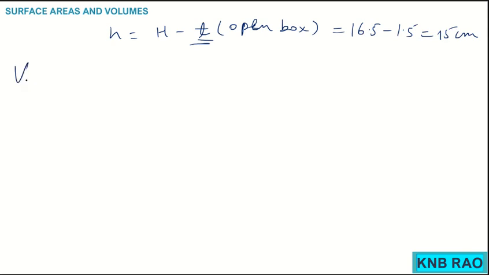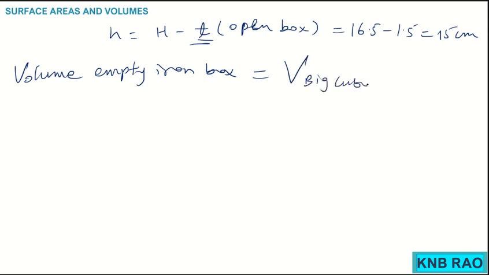Therefore, the volume of the empty iron box is the volume of the big cuboid minus the volume of the small cuboid.